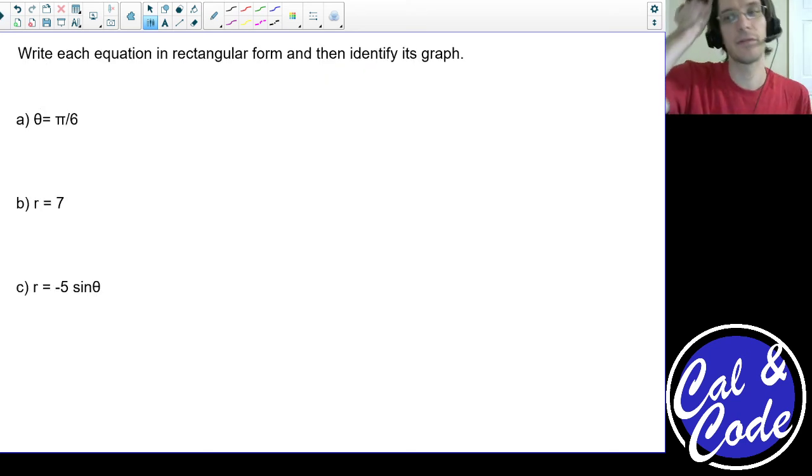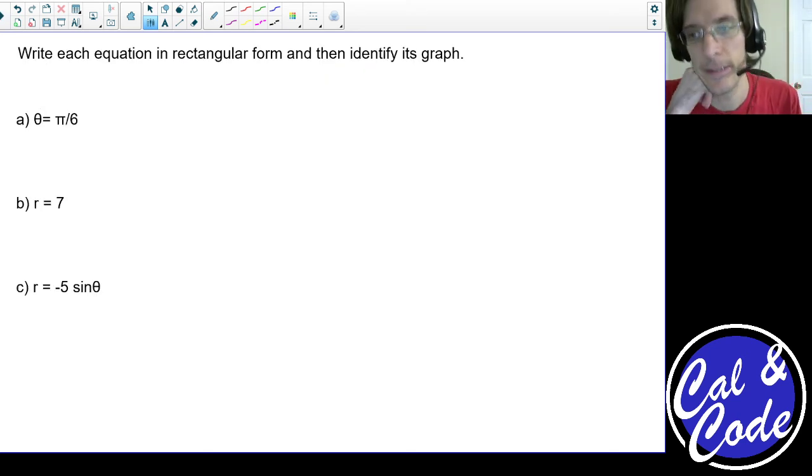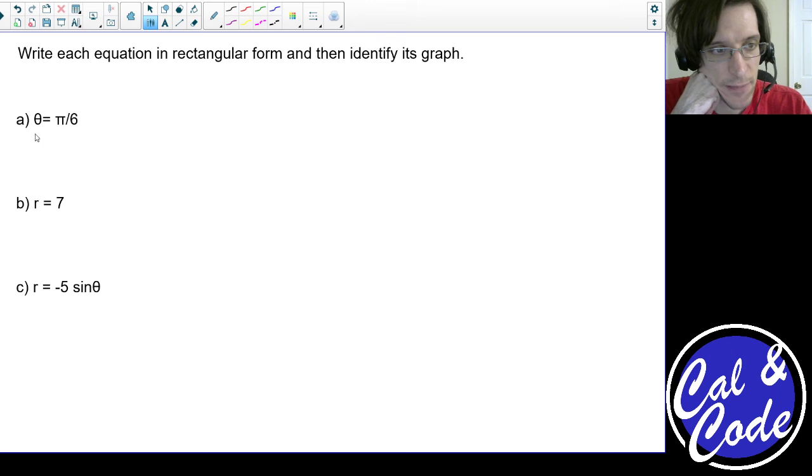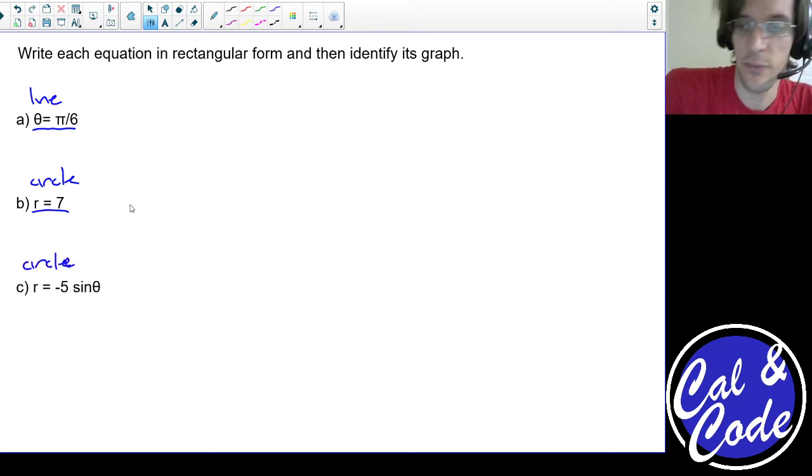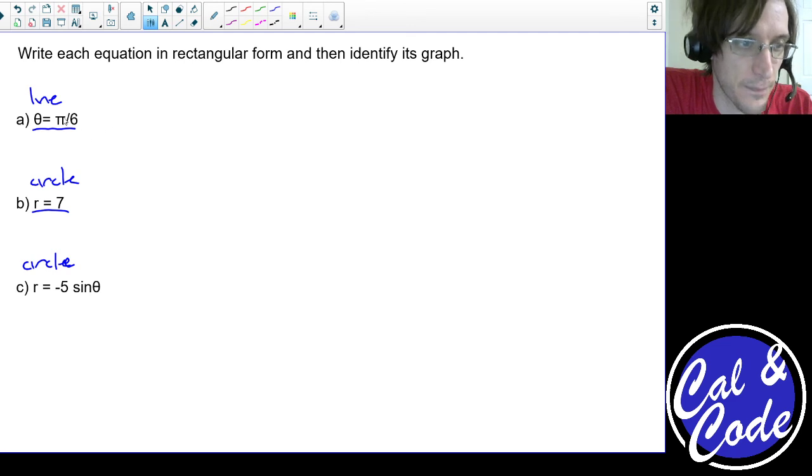All right, so now we're given some equations in polar form, and we want to try to write them in rectangular form. This particular one, theta equaling a constant, we talked about that was a line. What about r equals 7? That's a circle. What about r equals negative 5 sine theta? That's also a circle. So we've got these three different equations. I'm going to try to convert them.